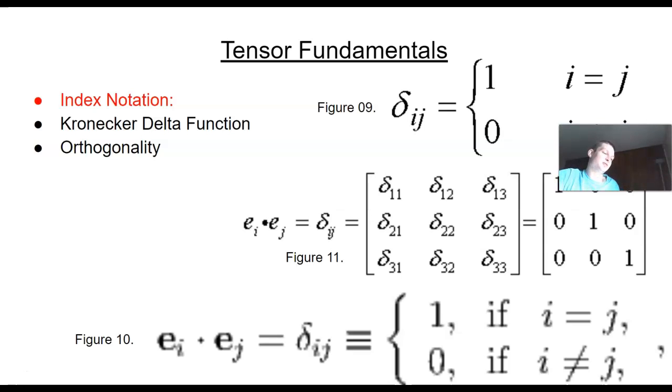The basis vectors e subscript i dot product e subscript j are orthogonal vectors since they have been normalized, or their magnitudes equal 1. They are orthogonal to each other and their magnitudes are 1.